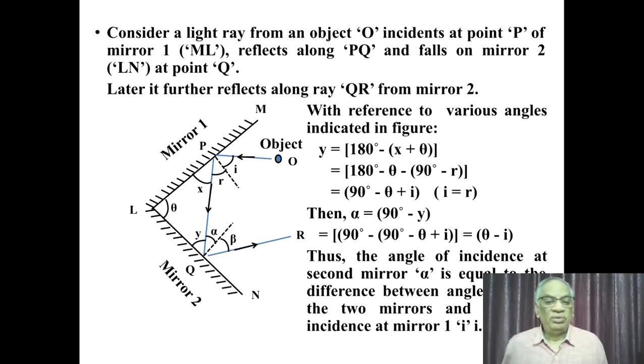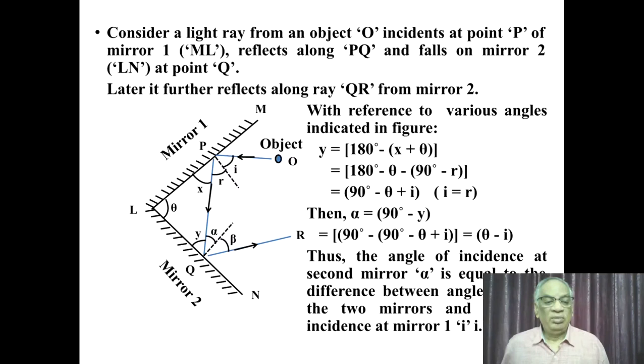Now, with reference to the various angles indicated in the figure, the angle of inclination is theta. The other angles of triangle LPQ are theta, x and y. The angle of incidence and reflection for mirror 1 are i and r, and the angle of reflection and incidence for mirror 2 are beta and alpha. All these angles you consider.